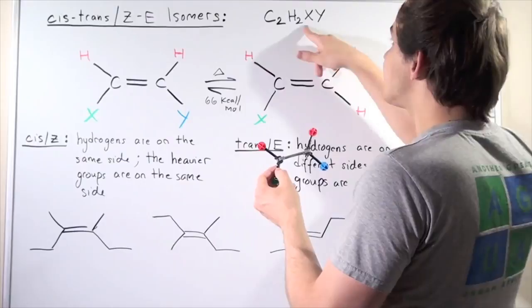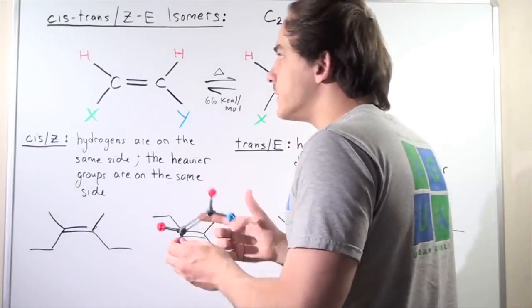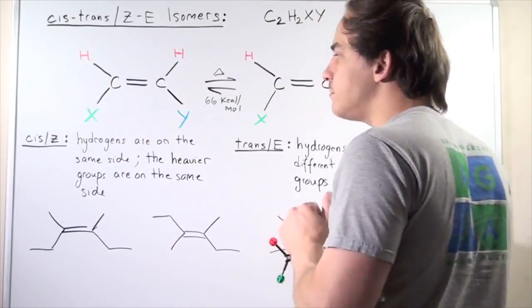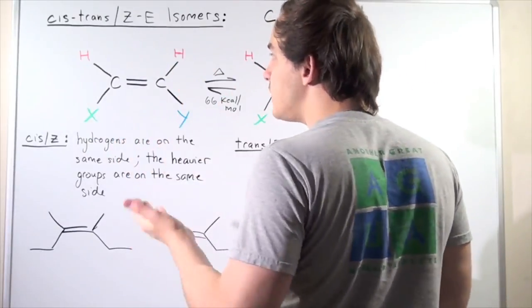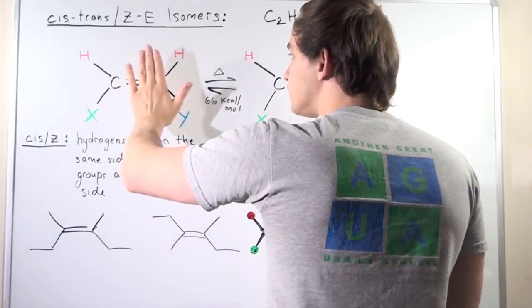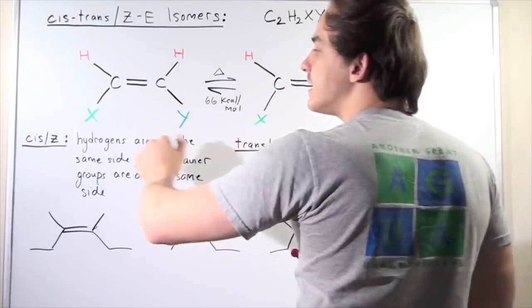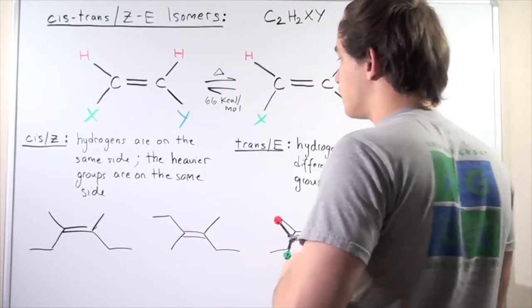Remember, we defined X and Y to be any molecule or atom that is different than H, and that means X and Y are both heavier than H. So this compound is one isomer of this molecular formula, and it's the cis or Z isomer.